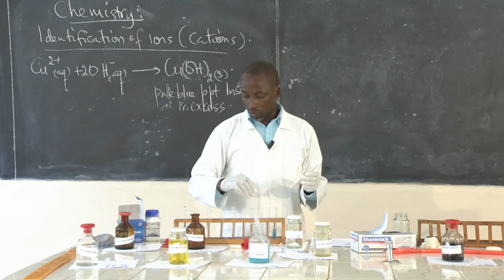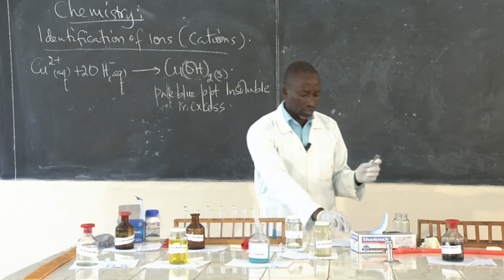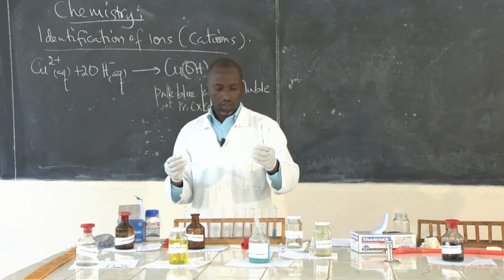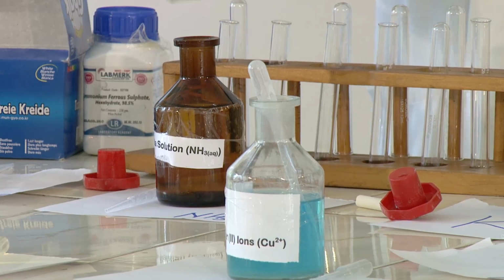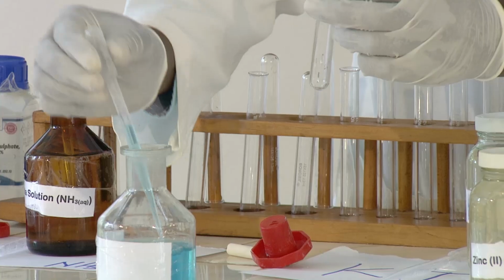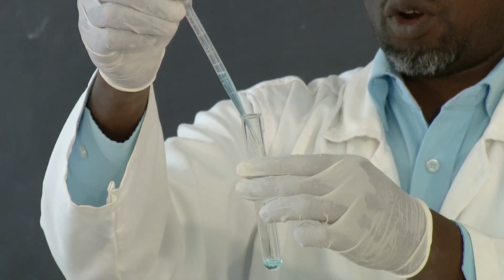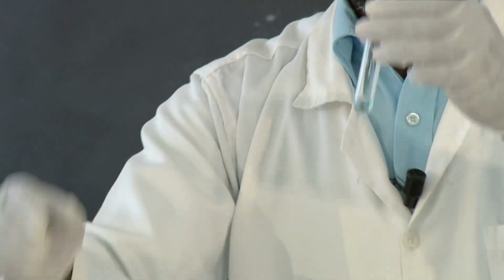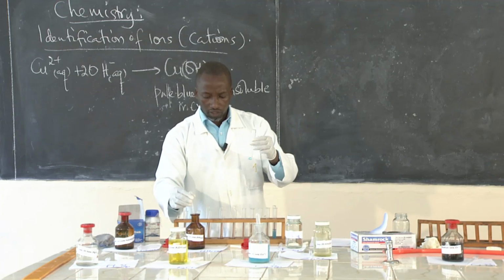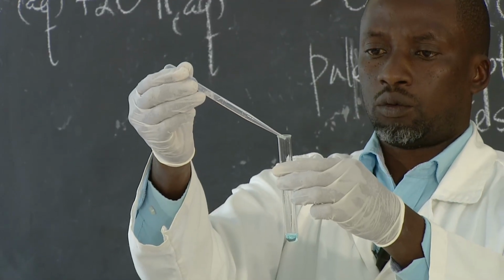You are not supposed to inhale the ammonia, because ammonia has a choking, unpleasant, irritating smell, so it is wise not to inhale that gas directly. Few drops, as we said. Then you add a few drops of ammonia, drop-wise. So you first add 1 drop.